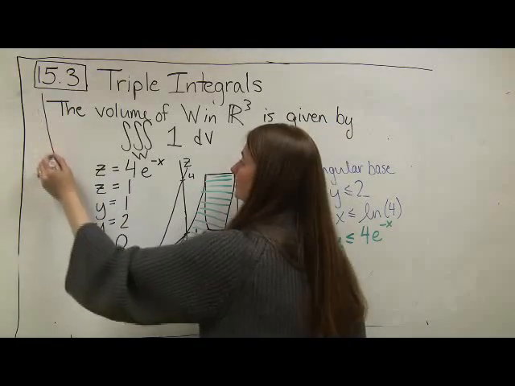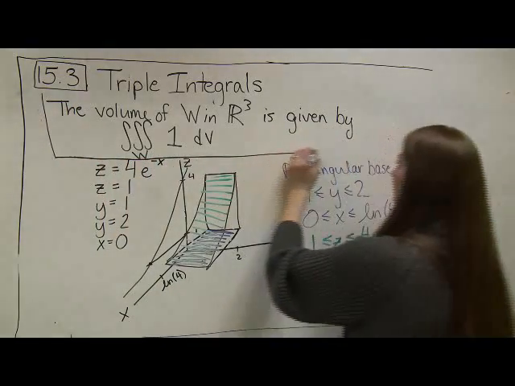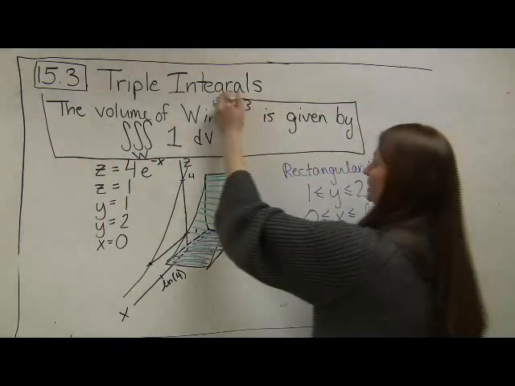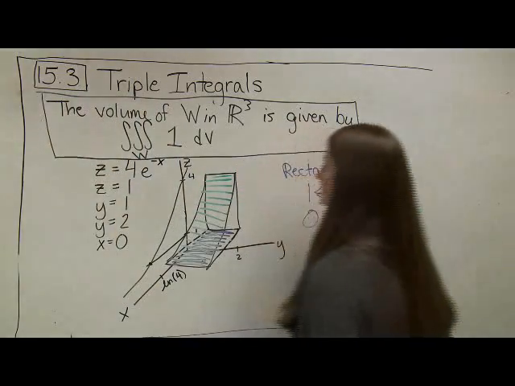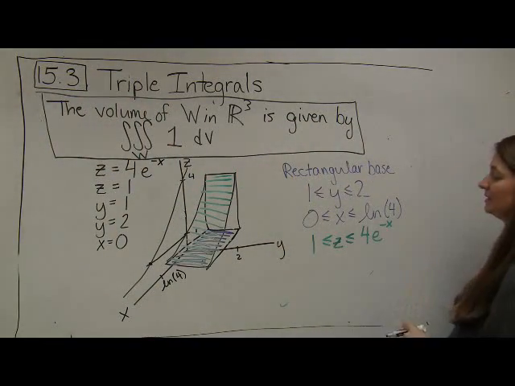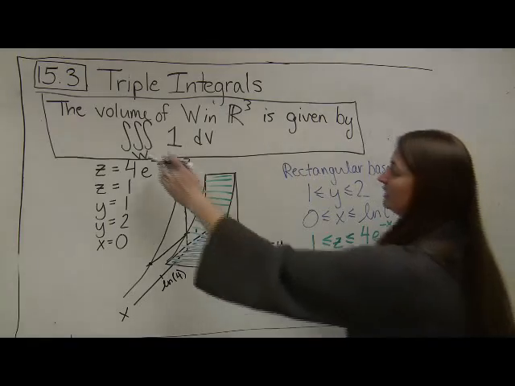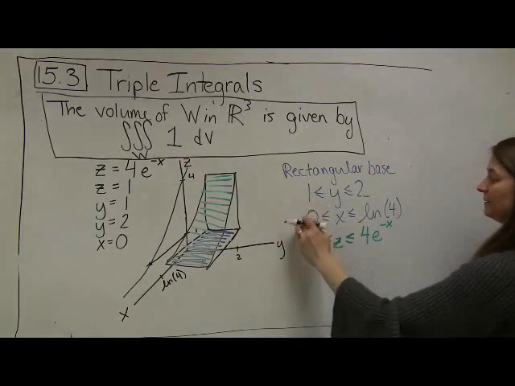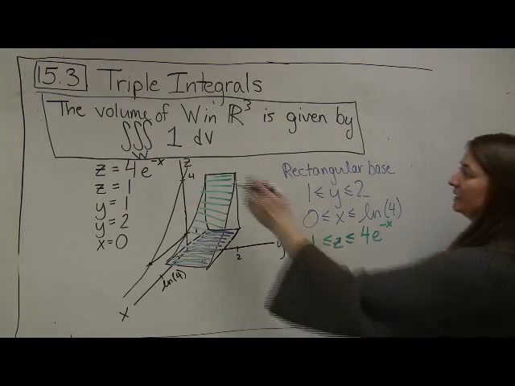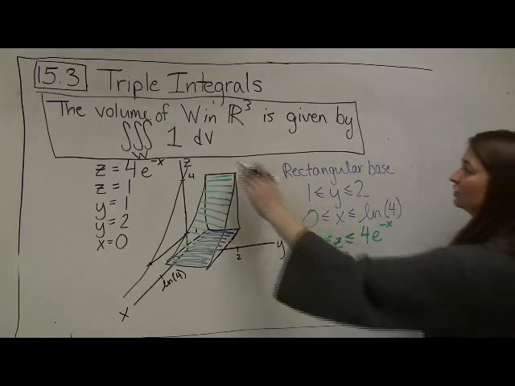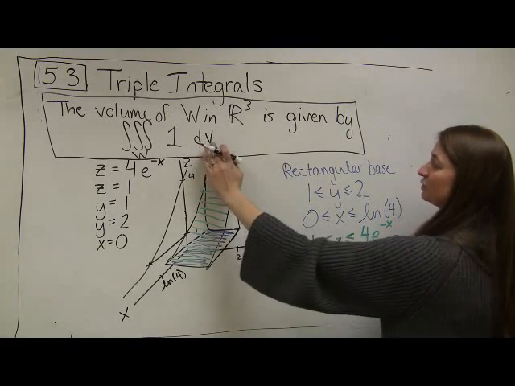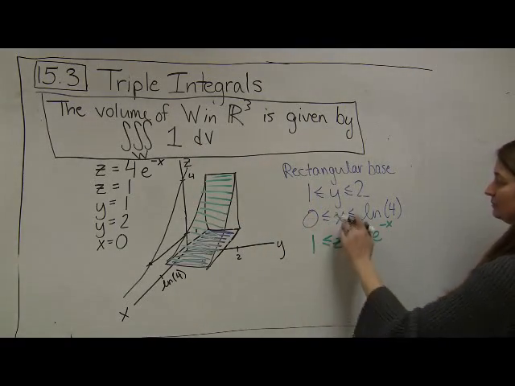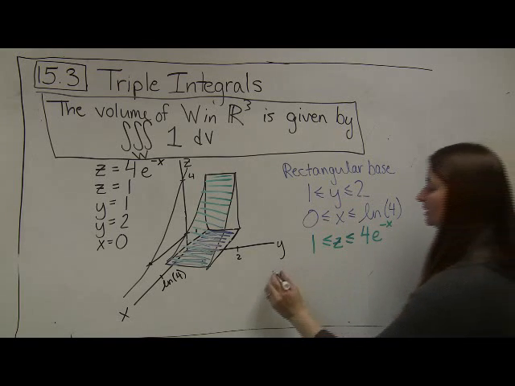This I'll put in a box. It means I'm just taking the triple integral, only this time my function is the constant 1. So in this problem, I plug in the bounds of W that I've found right here. I'm going to integrate over 1, and I need to make sure that my dV, the differential with respect to volume, lines up with my x, y, and z variables correctly.